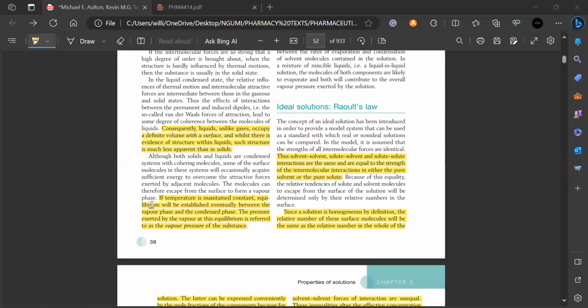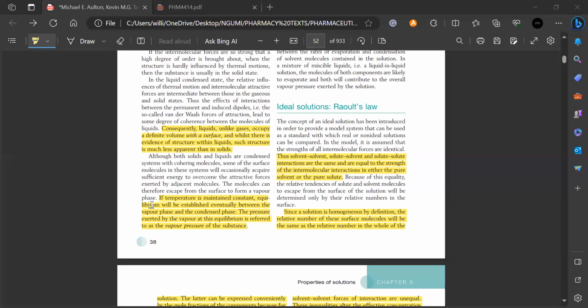So the condensed phase is what we have when we have solids or liquids, and the vapor phase is what we have as gas. If we have equilibrium at a maintained temperature, there can actually be an equilibrium between the vapor phase and the condensed phase, with equal amounts on both sides.